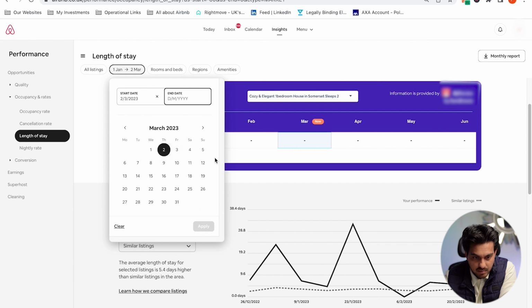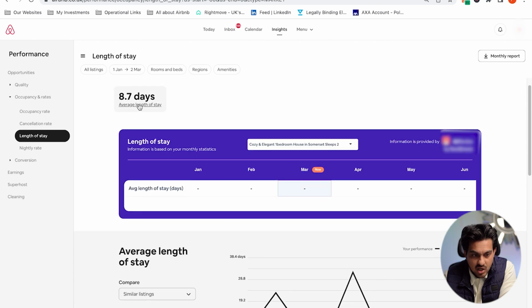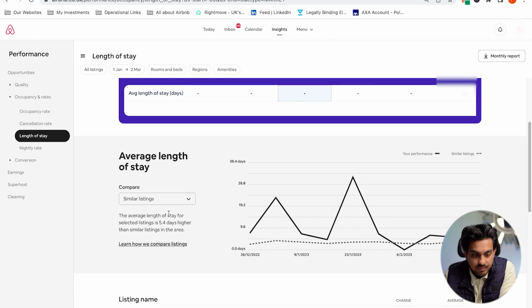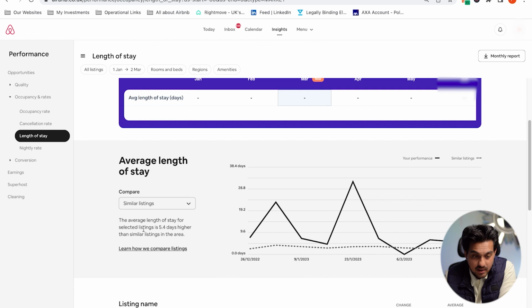The data for the 4th of March is not available, so okay, 2nd of March. Here you can see their average length of stay is 8.7 days per booking. What that says to me is the average length of stay for the selected listing is 5.4 days higher than similar listings in the area. This is telling me that my client is smashing their length of stay.